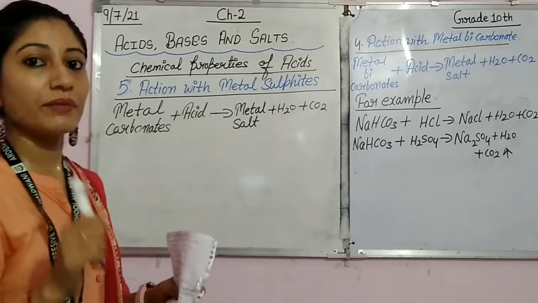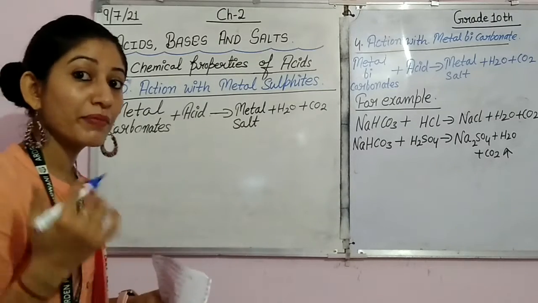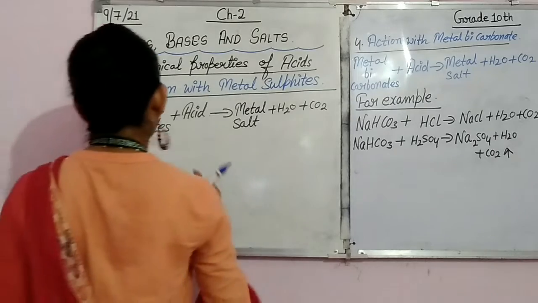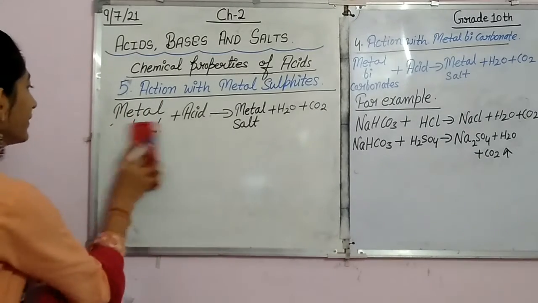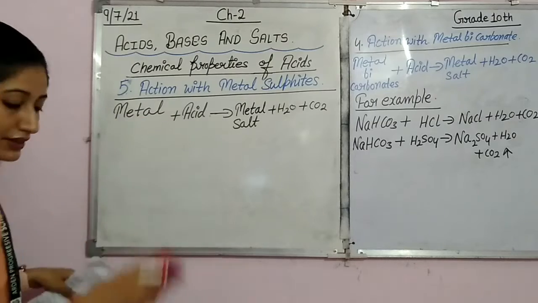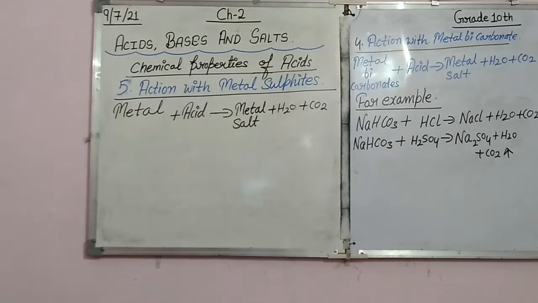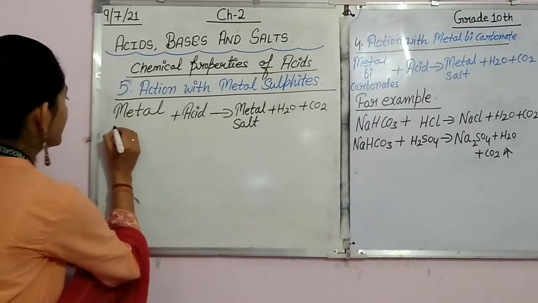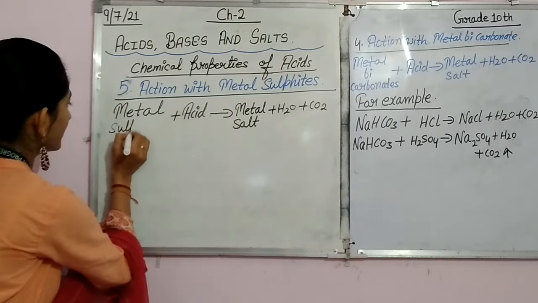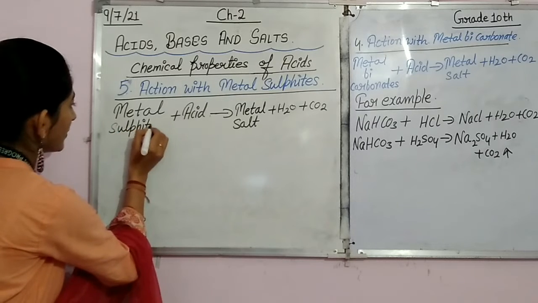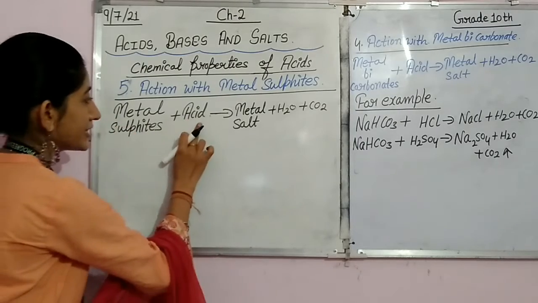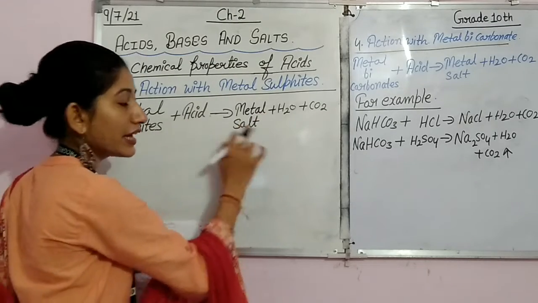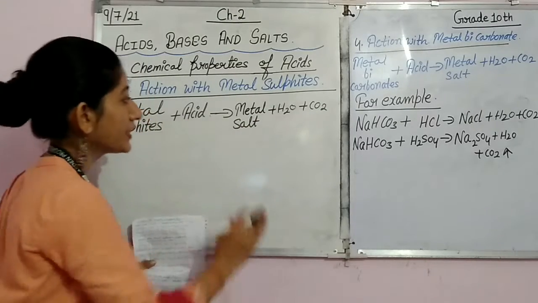So when acids react with metal sulfides, what type of product will they give? First we will write here metal sulfides. When metal sulfides react with acids, again they will form metal salt.